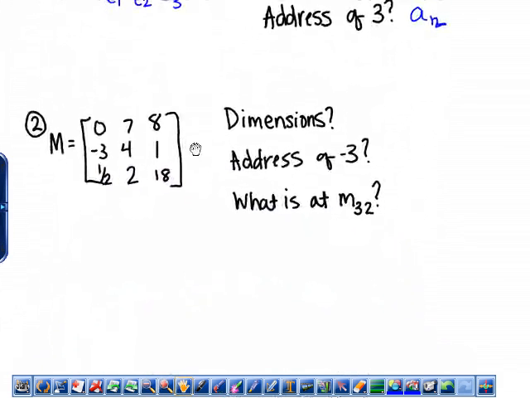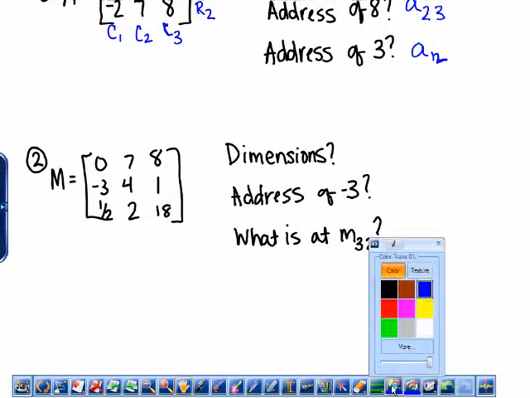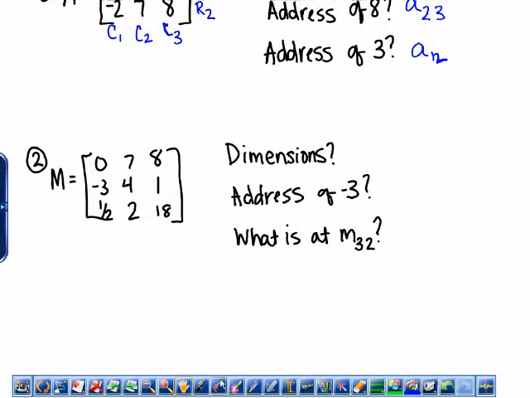Okay, copy down matrix M. What are the dimensions of matrix M? Good. What is the address of the entry at negative 3?